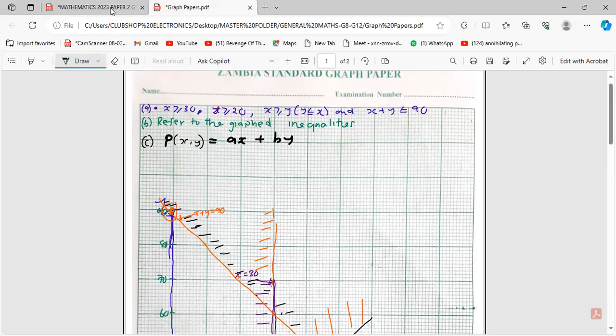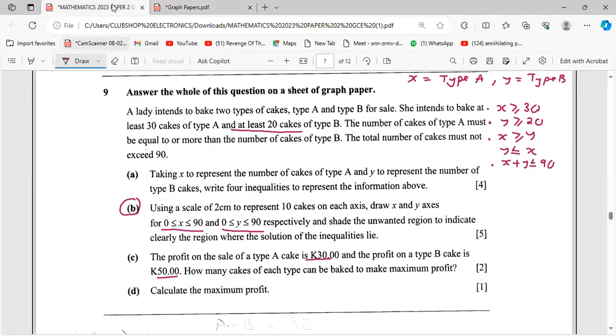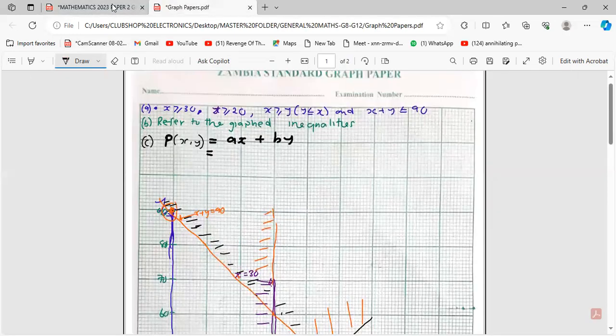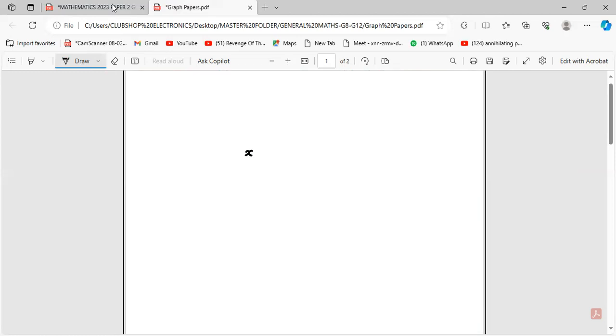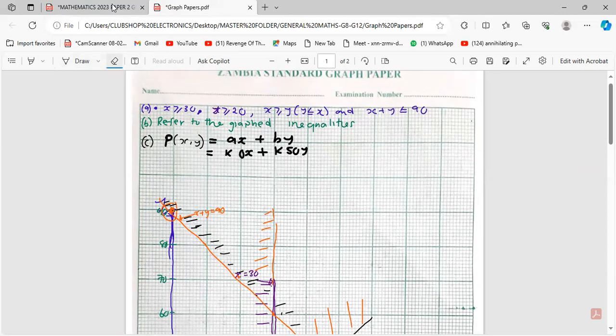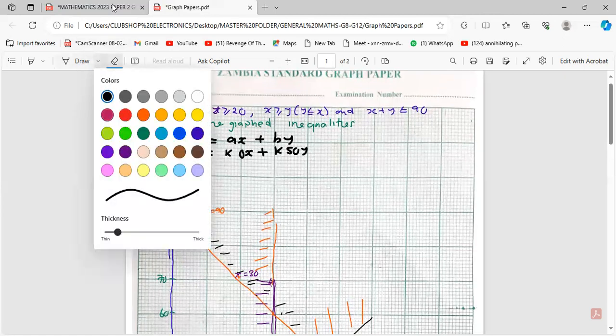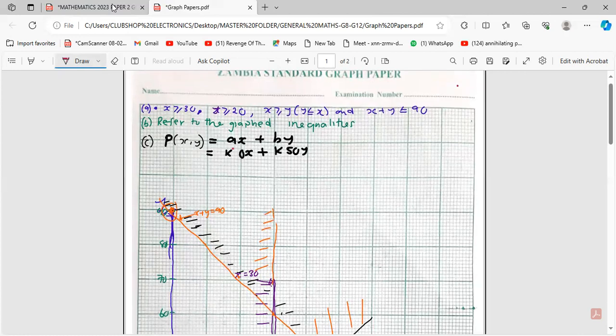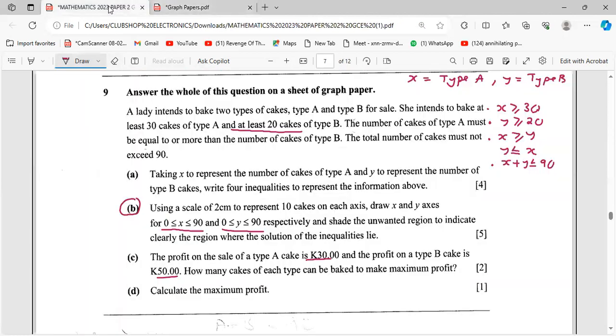Type A, the profit on type A is 30, and that of B is 50. So it's supposed to be 30x plus 50y, because they are saying type A is 30.